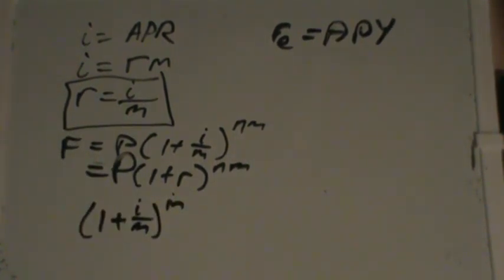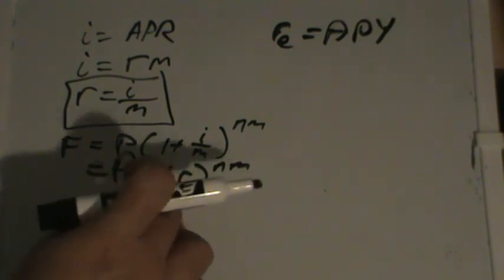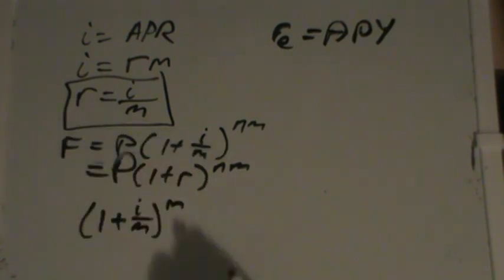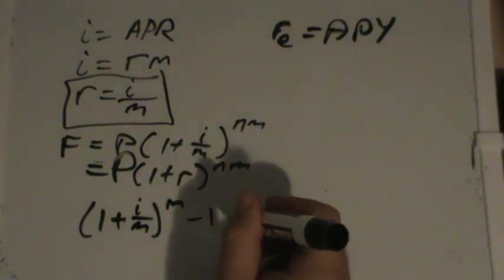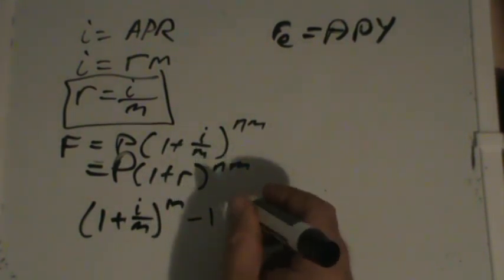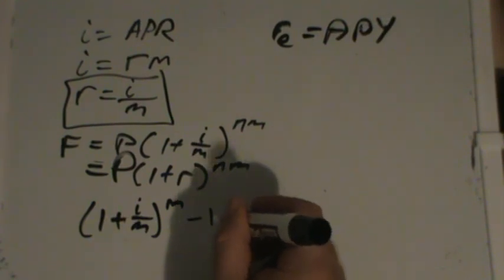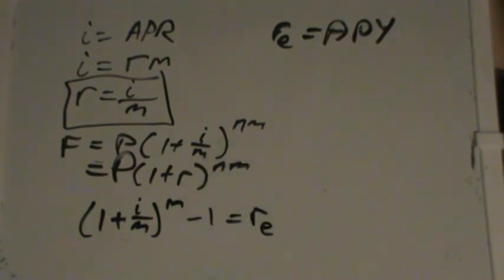All right. So now I've got this term. And I note that this is a little bit bigger than 1. Therefore, the amount that this is bigger than 1 must be an interest rate of some type. This is my APY: it's bigger than 1, so I take this, I subtract 1 out, and that gives me my effective rate, or your APY.